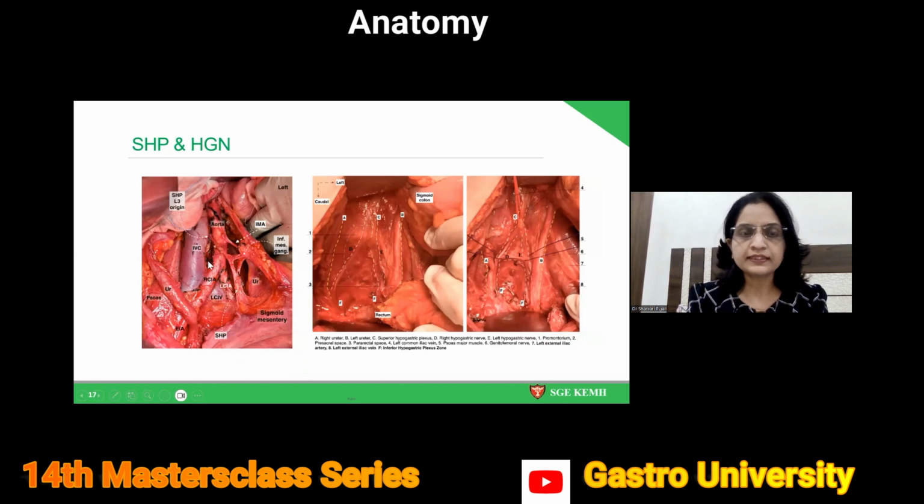So this is the IVC and aorta, and in front of L3 originates the superior hypogastric plexus with its ganglion, and then it descends near or lateral to the aorta, and this is the origin of the IMA.